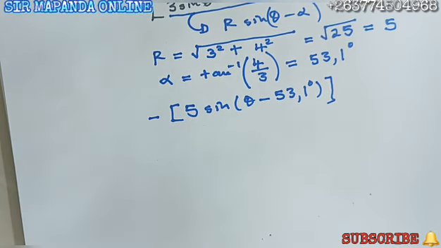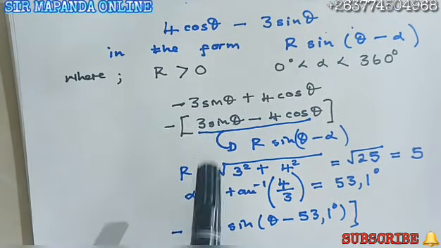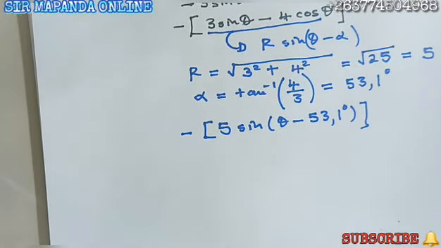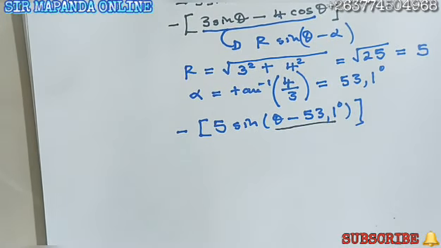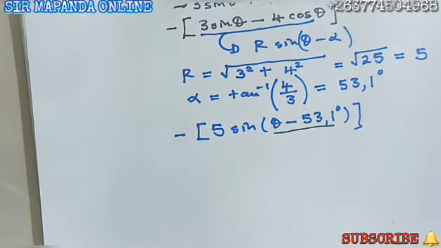But there is a condition on the question that r should be greater than 0. So if we leave this negative sign, you get -5, of which they want r to be positive. So for r to be positive, you need to tamper with the angle inside the bracket to make the negative sign on 5 disappear.